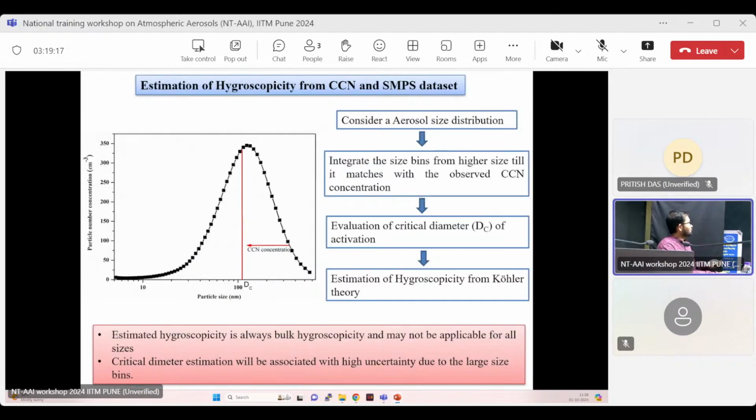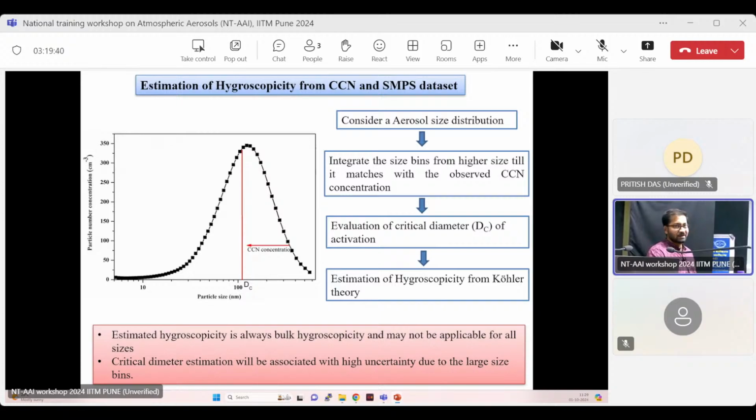There is a way to calculate aerosol hygroscopicity from these CCN and SMPS information. SMPS is the scanning mobility particle sizer. Suppose this is an average size distribution of aerosols present in your atmosphere, and you have measured CCN through the CCN counter.